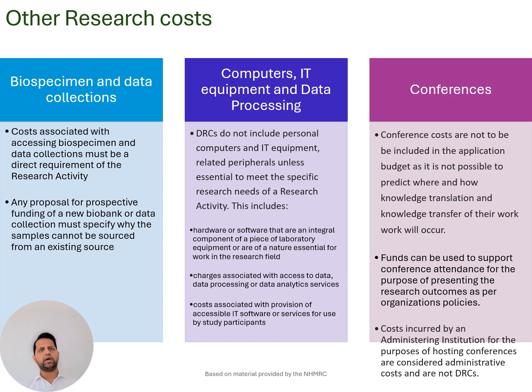Let's say, for example, you're conducting a clinical trial, and you have a remote trial site, and you need to buy, let's say, phones or tablets for data collection or interviewing people or filling in information and things like that. Yes, you certainly can ask NHMRC for money for that, because that is aligned towards completing your research activity.